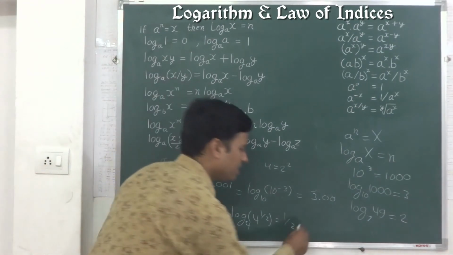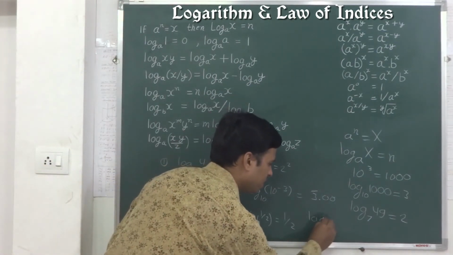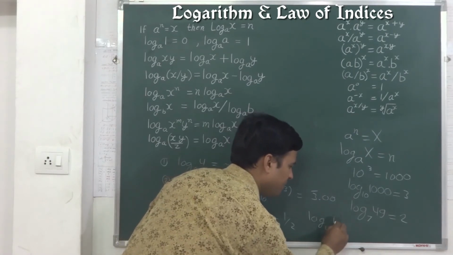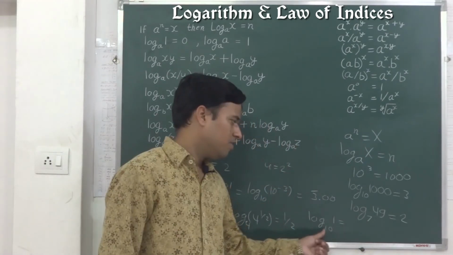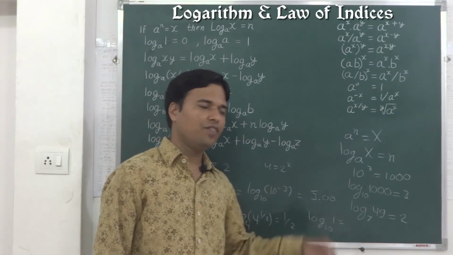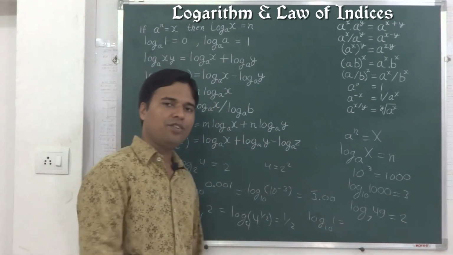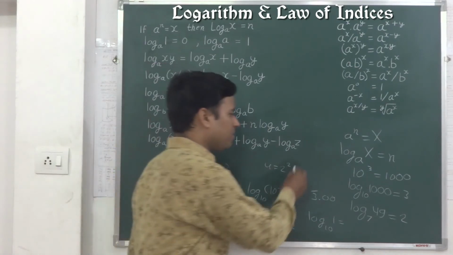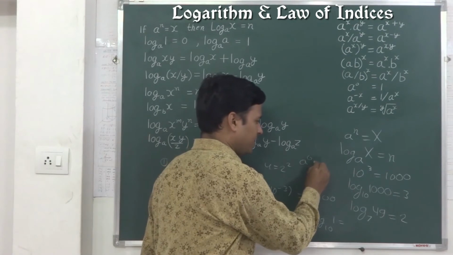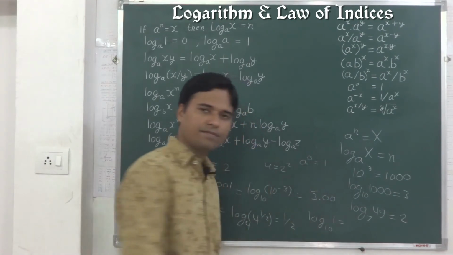Another relation: if we want to get log base 10 of 1, what would be the power of 10 to get the value 1? We know for any non-zero number a, a to the power 0 is equal to 1.